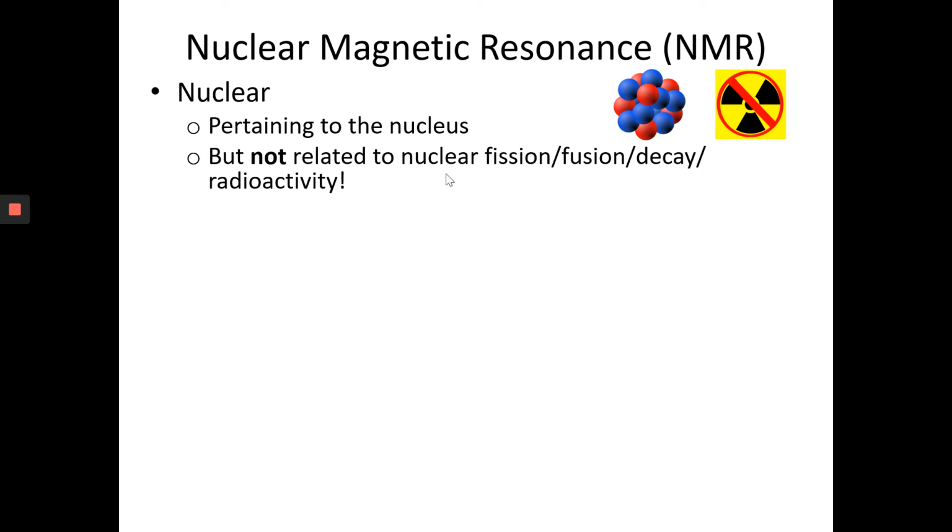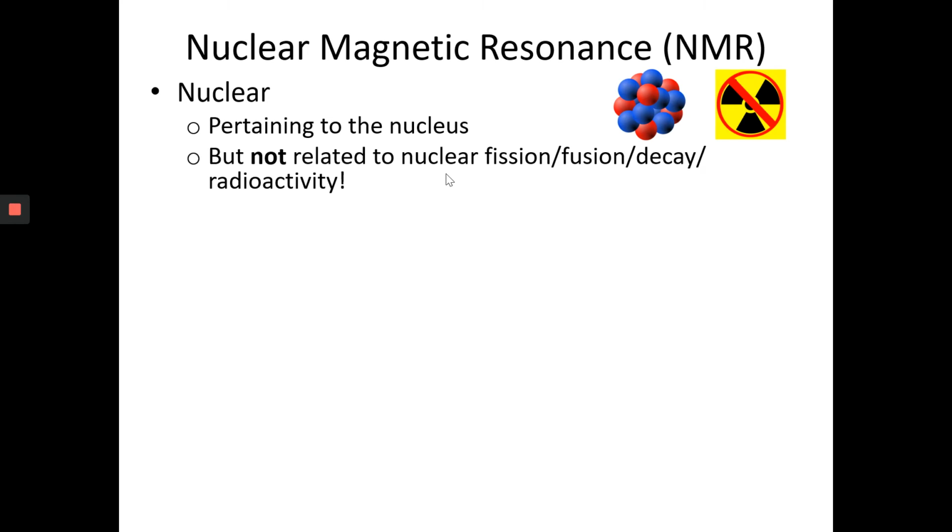Oftentimes, when we use that word nuclear in everyday language, we're talking about a nuclear reaction. We're talking about the nucleus breaking apart, which we call nuclear fission, or two nuclei fusing together, nuclear fusion, or nuclear decay, which is related to radioactivity. When the atom comes apart, that's a natural type of fission.